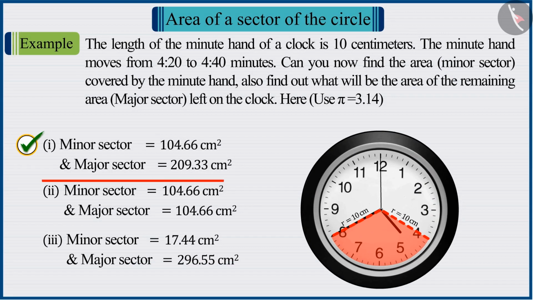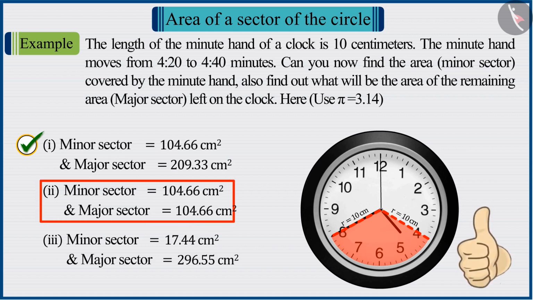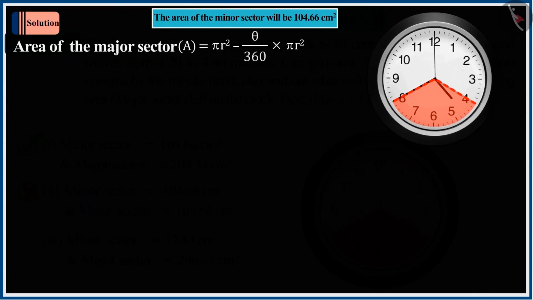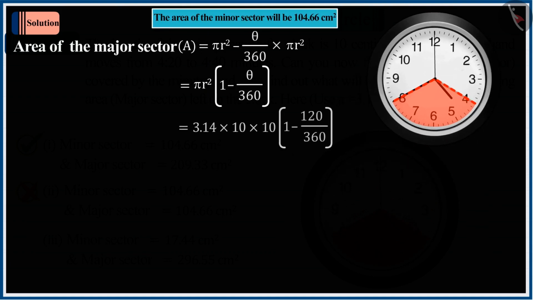If you have selected option 2, it is a good try. But that is the wrong answer, because when you find the area of the major sector, that is A, then the value of theta is put as 240 instead of 120. Because in place of the minor sector, you considered the remaining angle.